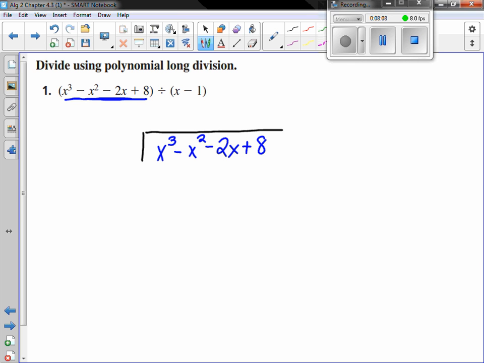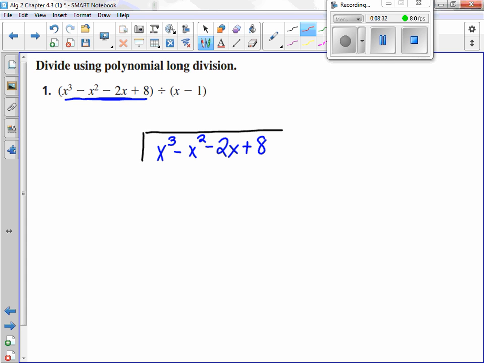It has to be written in standard form. So what is the biggest exponent for this here? 3. Since 3 is the biggest exponent, I have to have the exponent of 2, 1 or just a variable, and a number. I have to have them all. Okay? And we'll come across a case where we don't, and we'll cover that in a minute.